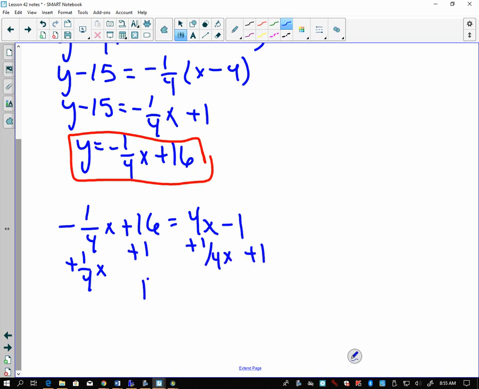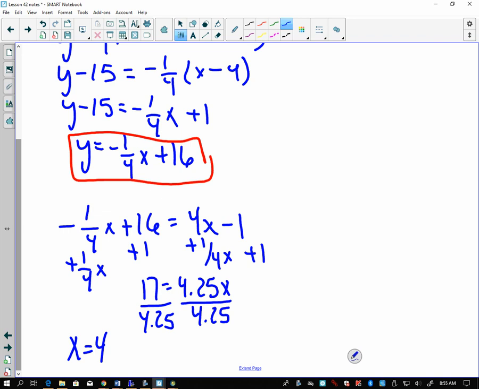We're going to get 17 equals 4.25x. Divide by 4.25. What's 17 divided by 4.25? Four. Okay, so x equals 4.